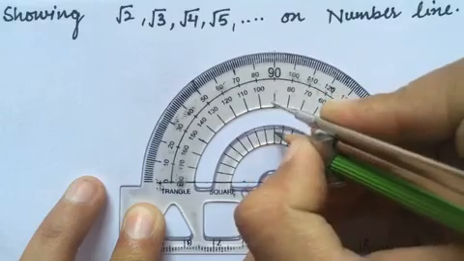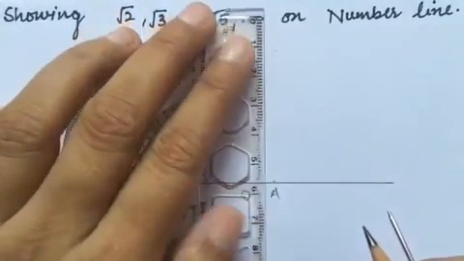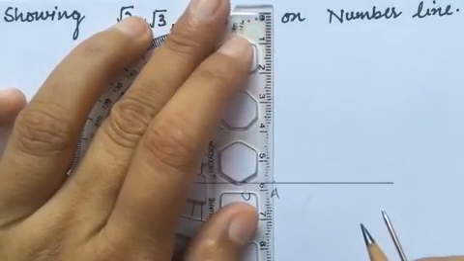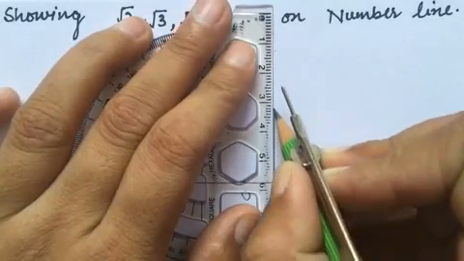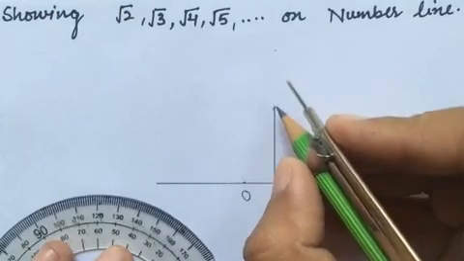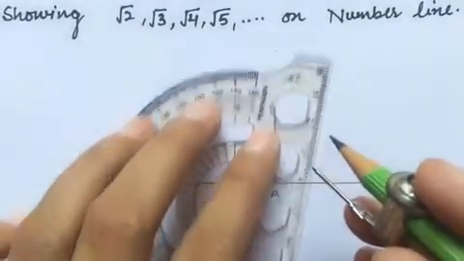You can also mark here. Then, as you have marked, join these 3 points. I am joining only this much, because I have to cut only 1 centimeter from it.